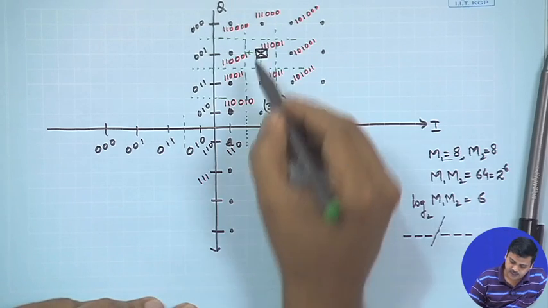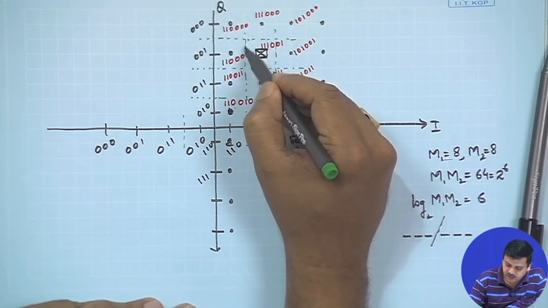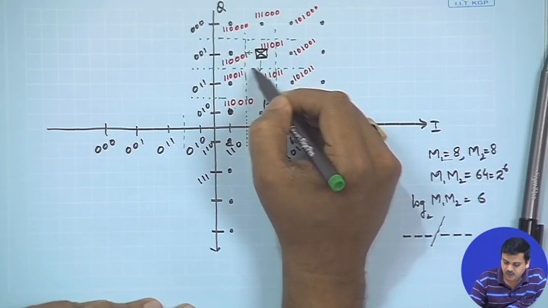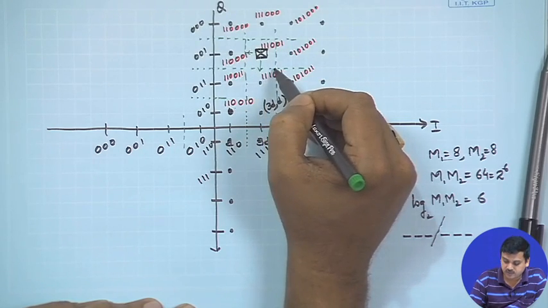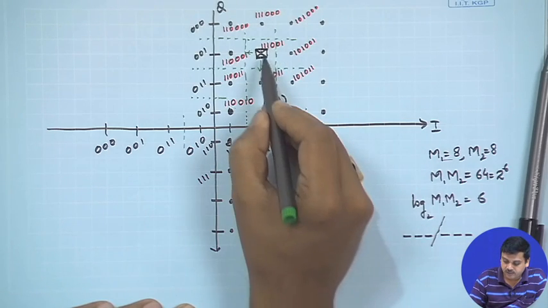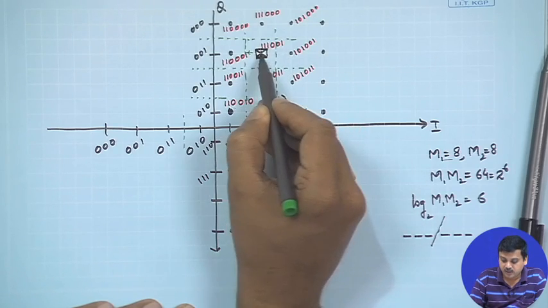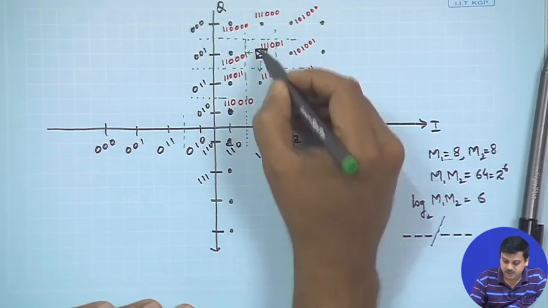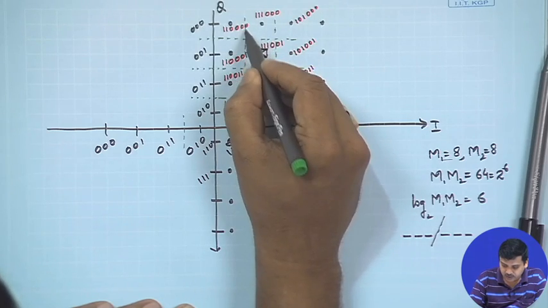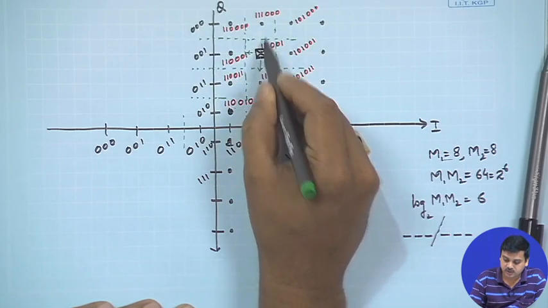What we find is that as long as this symbol is within this region, which is the decision region, now it is an area, you would decode it correctly. However, if this constellation has moved to this side or to this side due to addition of noise, or to this side or above, you would decide on which of the constellation points of the receiver based on which decision region this constellation has moved to.